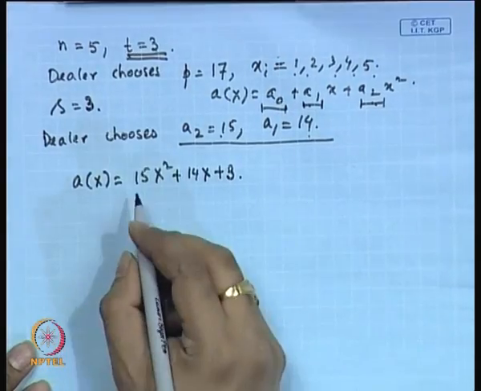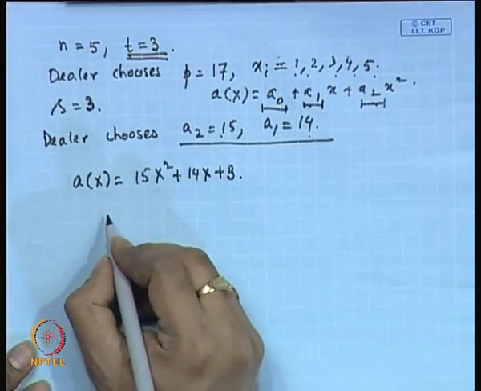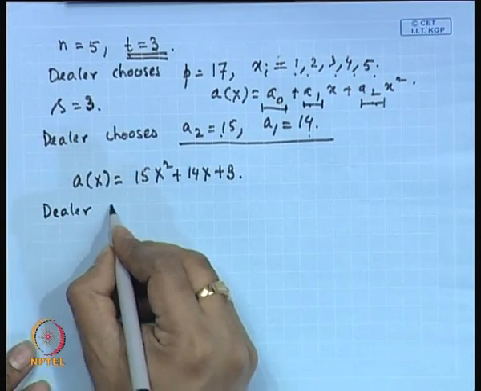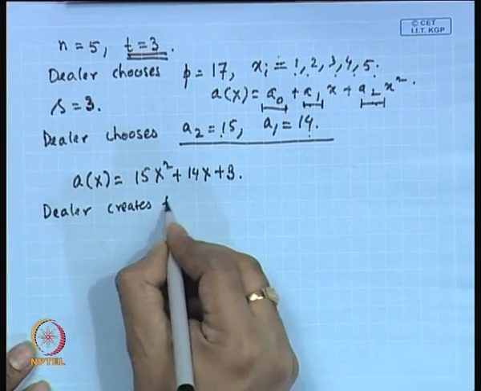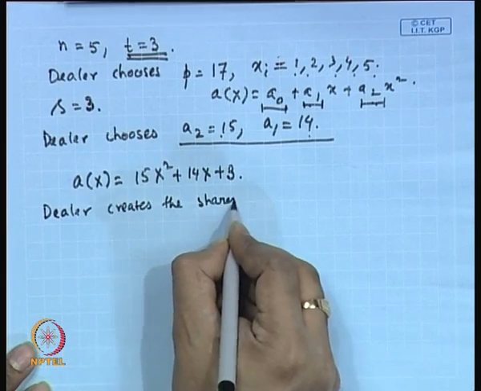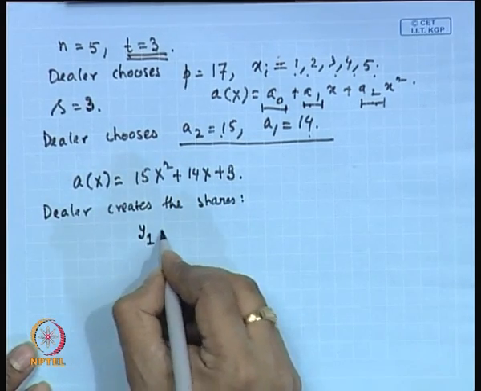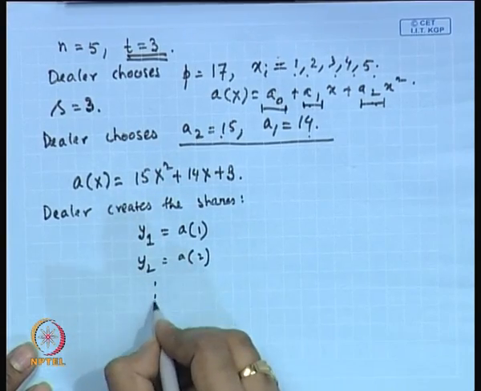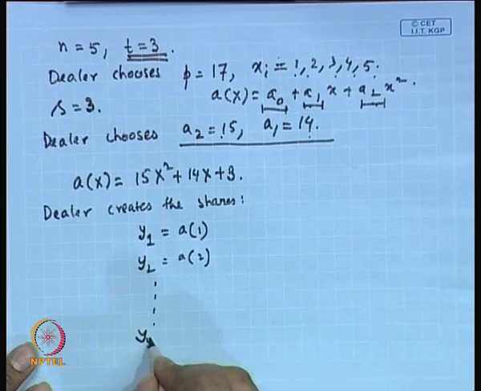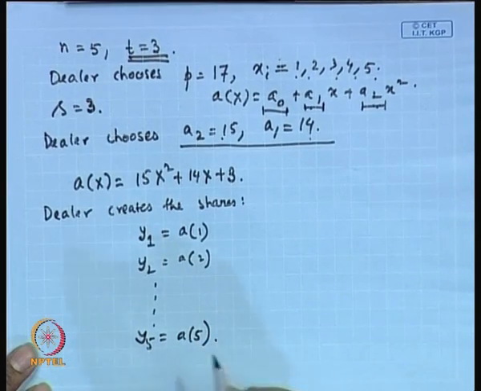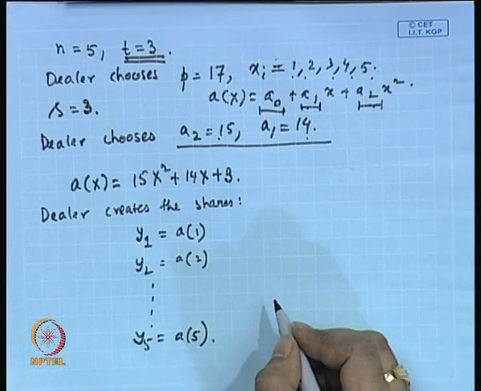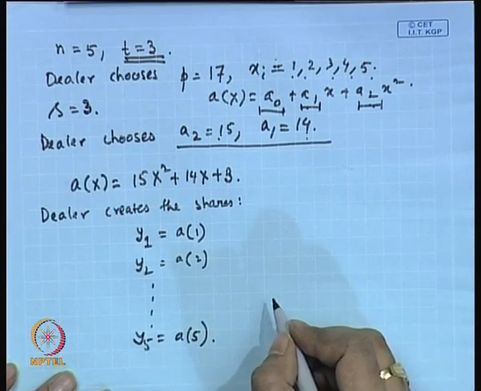And the dealer needs to create all the shares. The dealer creates the shares by computing y1 equal to f(x1), y2 equal to f(x2) and so on, up to y5 equal to f(x5).